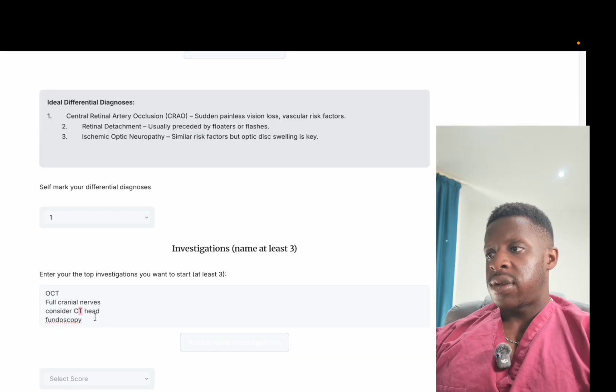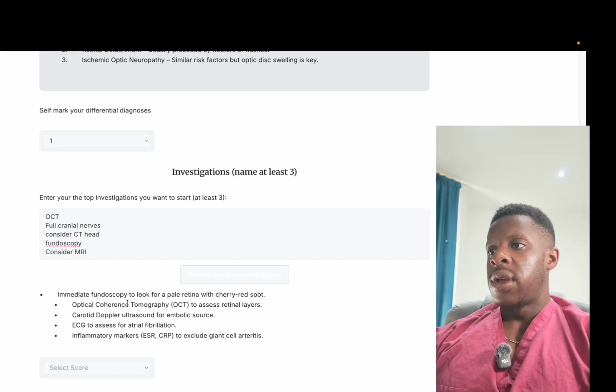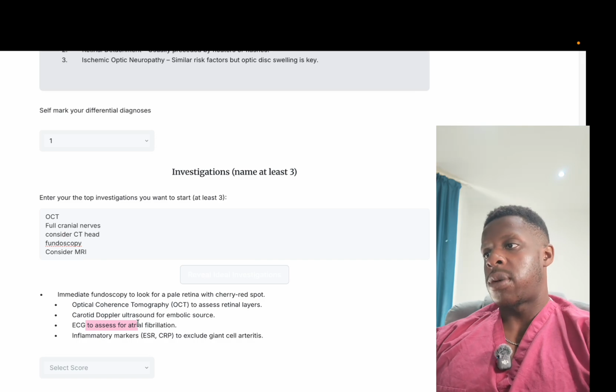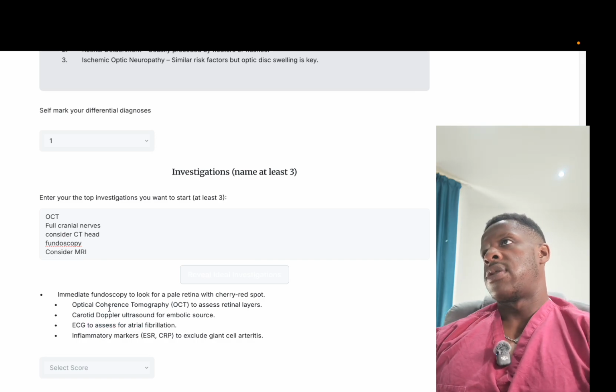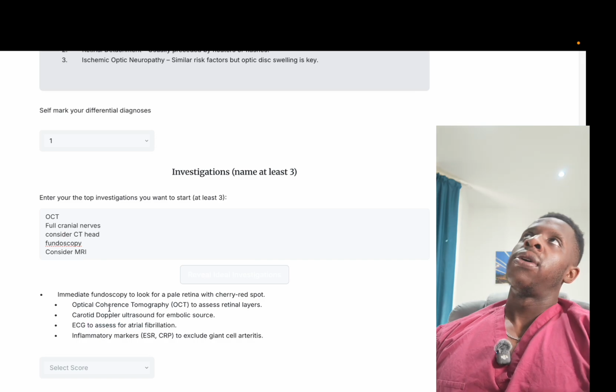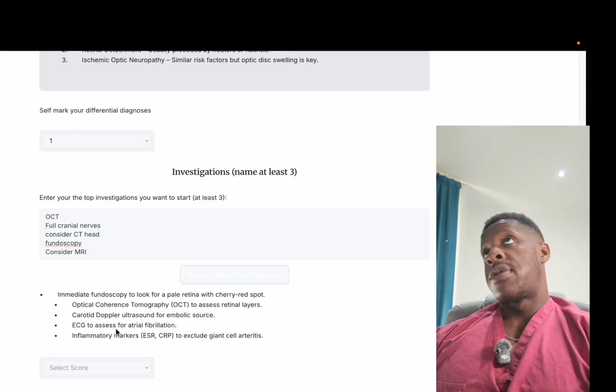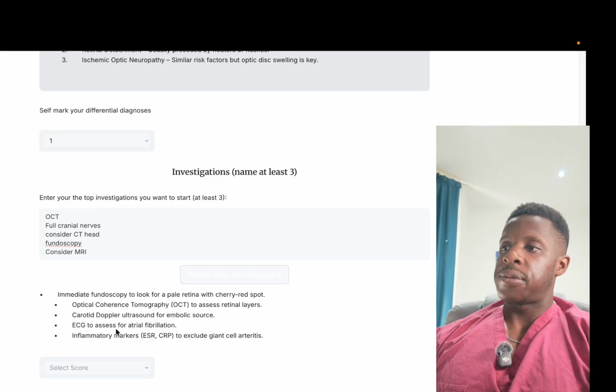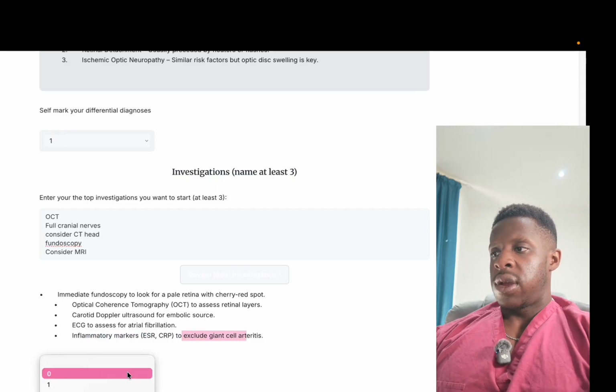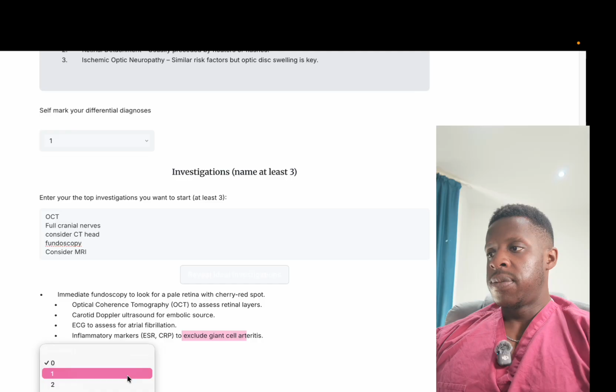Maybe consider MRI. What else do we have here? OCT, the retinal layers. Carotid Doppler ultrasound for embolic source. Yes, this is a better one. Carotid Doppler ultrasound and ECG to assess for AFib, because AFib could have sent a clot up the internal carotid artery, through the ophthalmic artery, then the central retinal artery. Inflammatory markers to exclude giant cell arteritis. So let's say one for that one. Oof, not doing too good here.